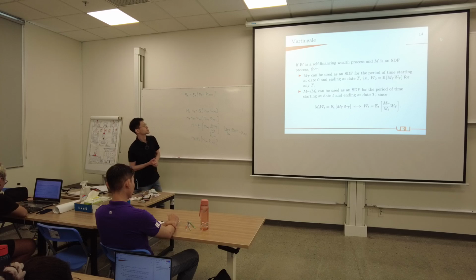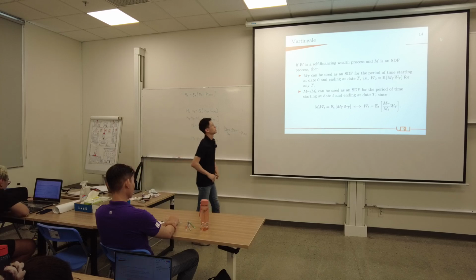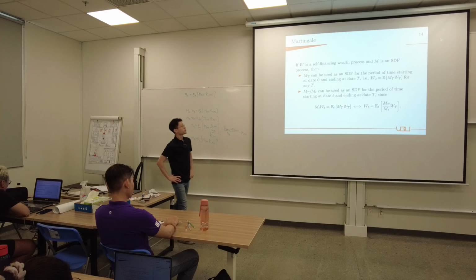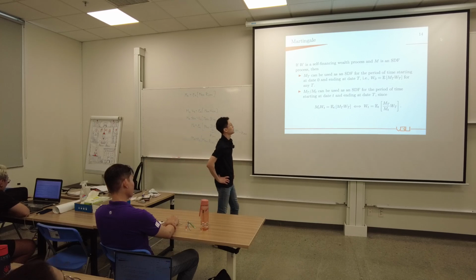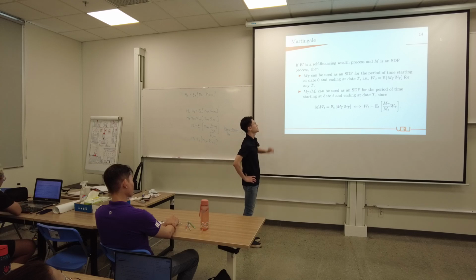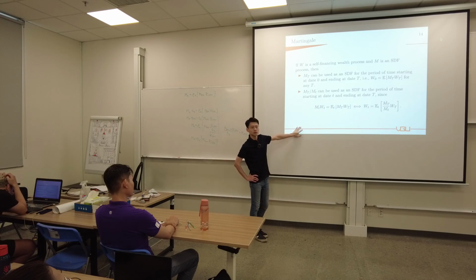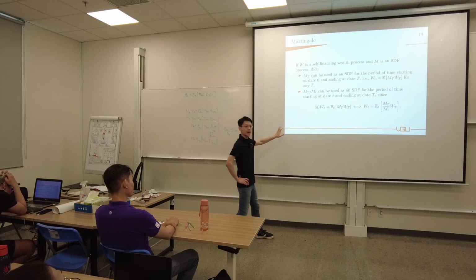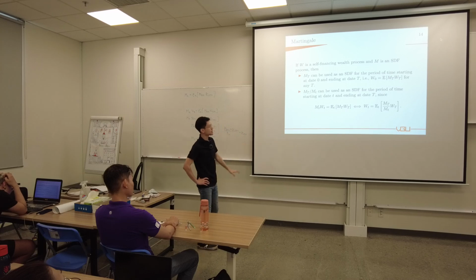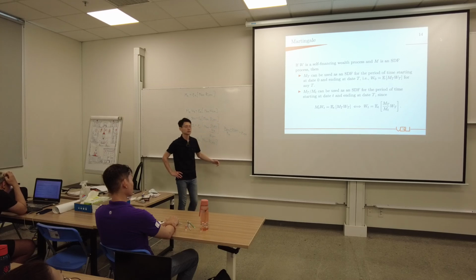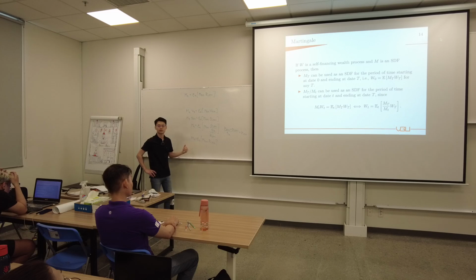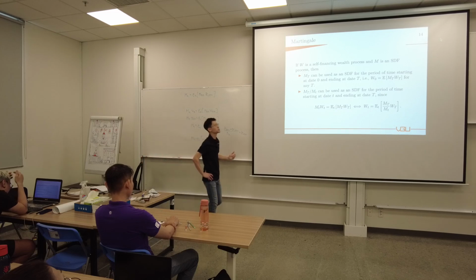Okay, it's just some remarks. If W is a self-financing wealth process and M is an SDF process, then MT can be used as an SDF for the period of time starting at day 0 and ending at day t. This is what I just said. What is MT? MT is an SDF, but it is not discounting for one period of time. It is discounting for t periods of time.